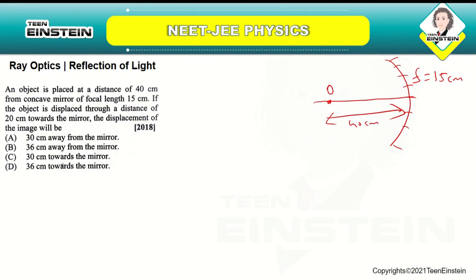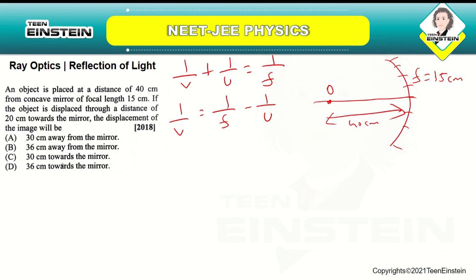Okay, so here if you see, the mirror formula is 1 by v plus 1 by u is equal to 1 by f, or 1 by v is equal to 1 by f minus 1 by u. So here they have given you the value of f as 15 and the value of u as 40.